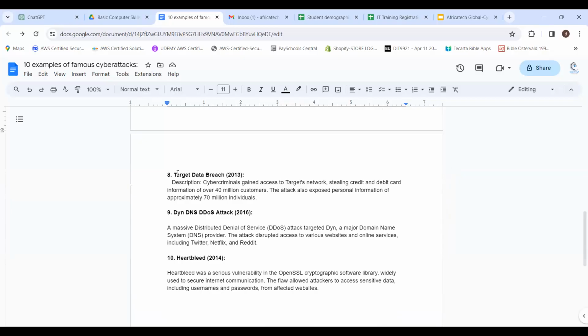The Target one, cyber criminals gained access to the Target network, stealing credit and debit card information. How did they get access? I met someone who told me he was working there at that time. And you know, they sell fridges where you can put your information.